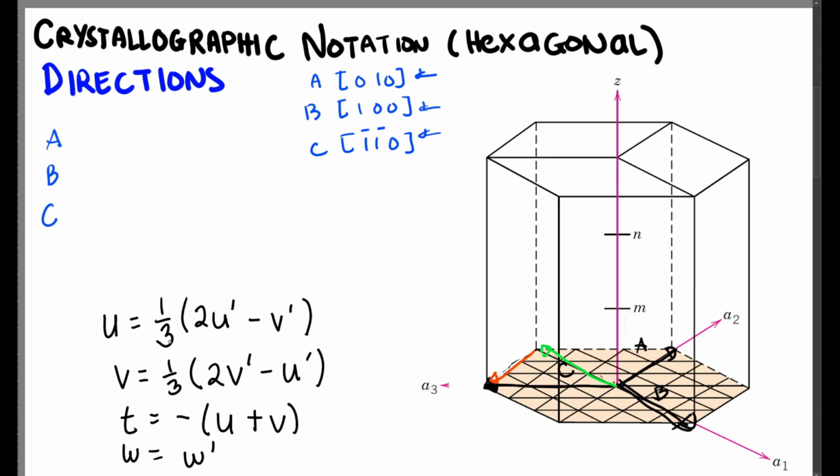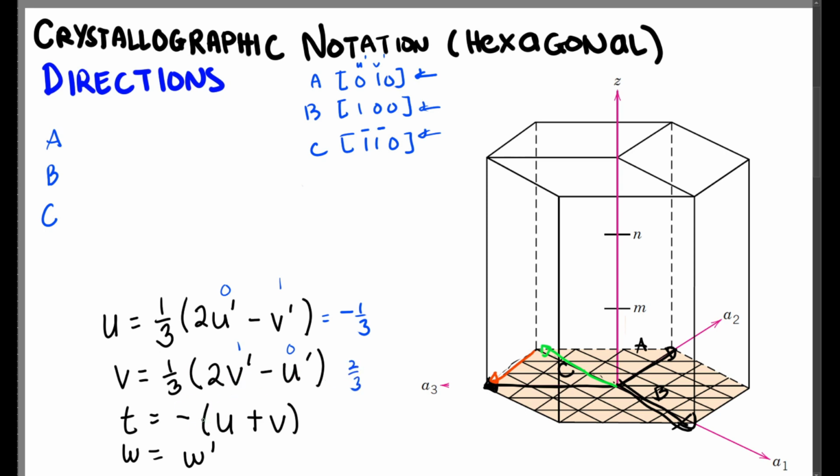So for A, u prime is 0 and v prime is 1. If we put this here, 2 times 0 minus 1 is negative 1, times 1/3, we have negative 1/3. For v, 2 times v prime, which is 1, 2 times 1 minus 0, this is 2 times 1/3, 2/3.